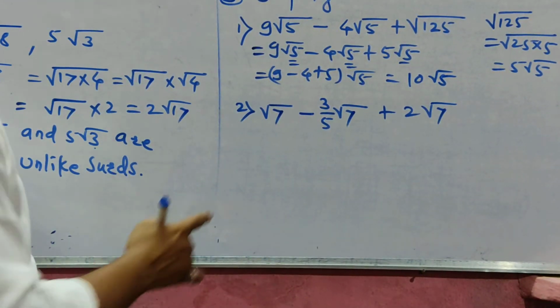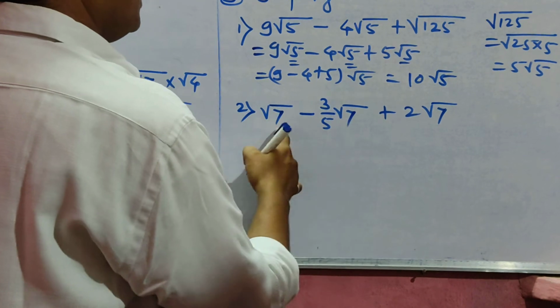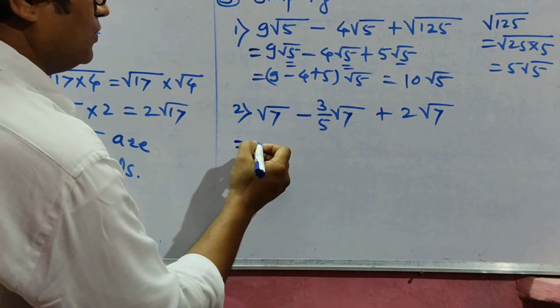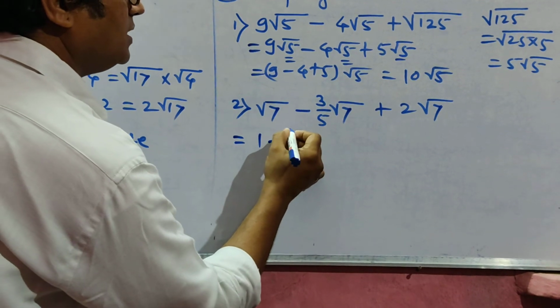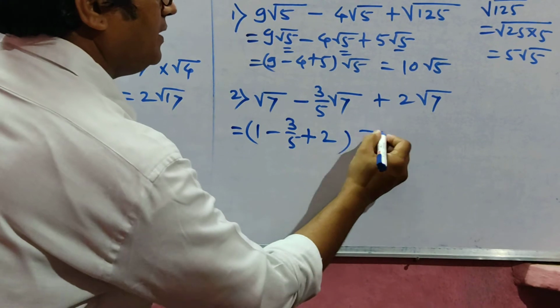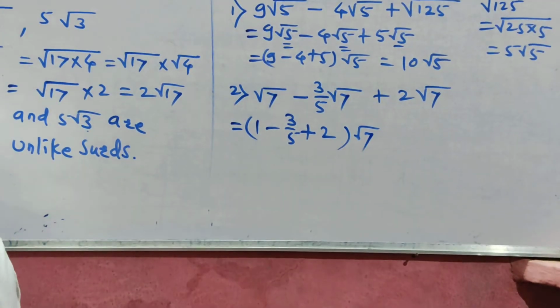Now next, here you can see root 7 is already there. The radicand is equal and quadratic surds are there. So we can take out root 7 common. 1 minus 3 by 5 plus 2 will remain in the bracket, and we are taking root 7 outside.